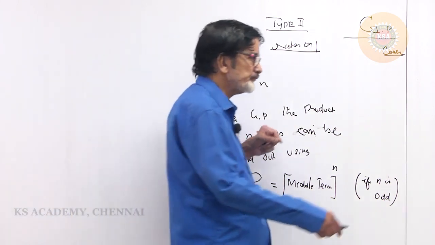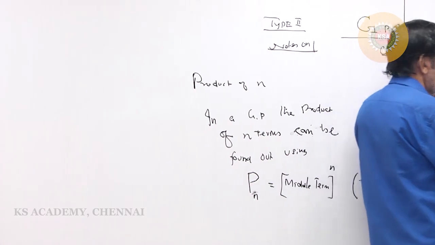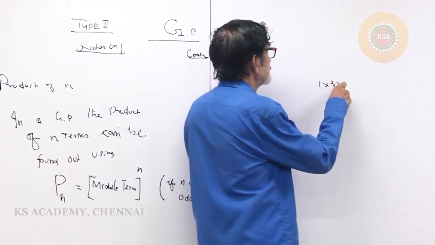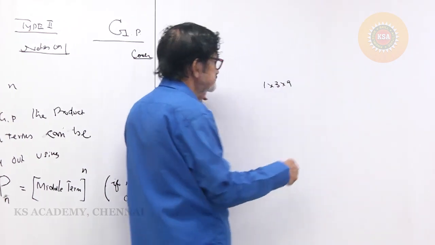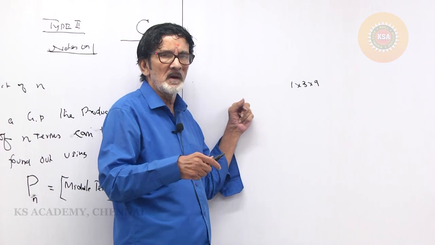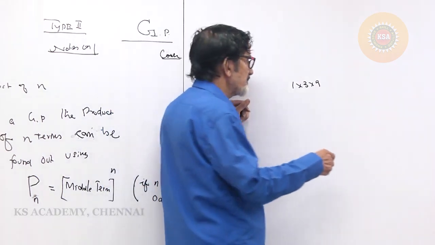Look, for three terms, I want the multiplication: 1 into 3 into 9, answer 27.